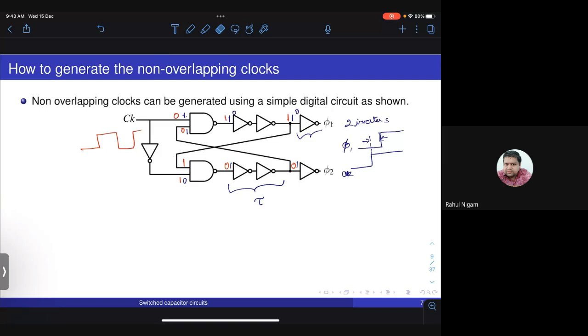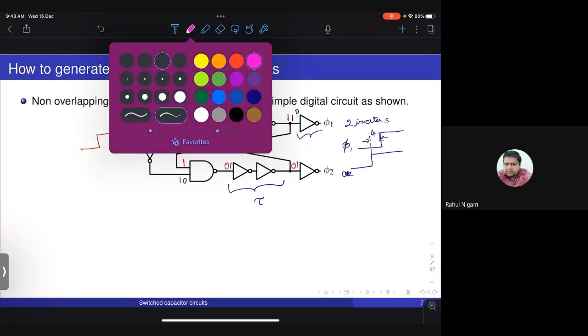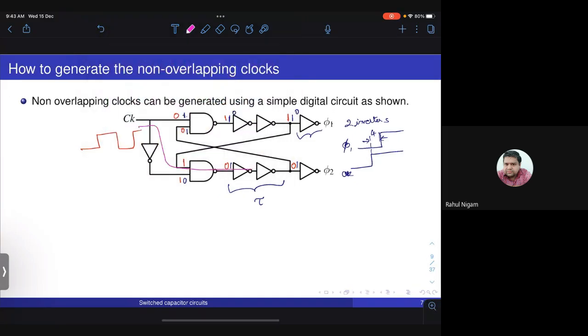Not 2 inverters, sorry, 4 inverters. This will be a delay of 4 inverters because the signal has to go through these 2 inverters here, come here, make this as 1, and then flow through these 2 inverters. Whereas phi 2 becomes from 1 to 0 after a delay of 2 inverters.